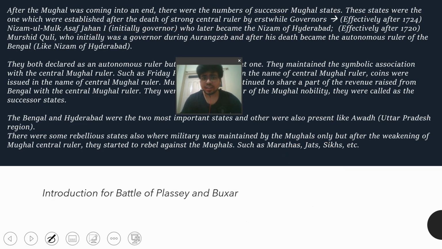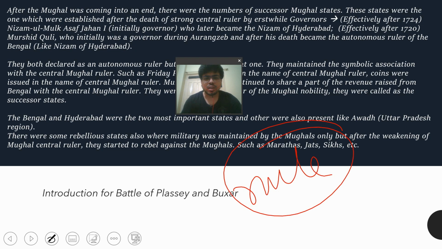After that, when he felt he was unable to rule under the central Mughal authority because of corruption and so on, he left the empire, with no greed seen at the time, and went to Hyderabad and became its Nizam. Effectively this was after 1724, though around 1719 I think was the guess.